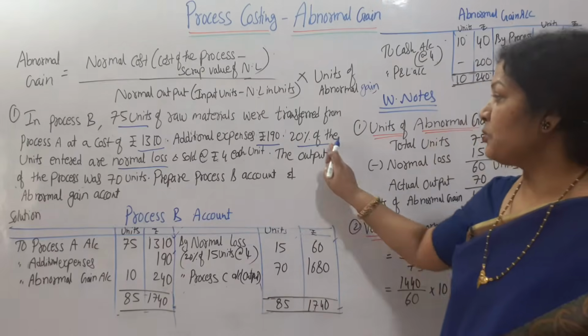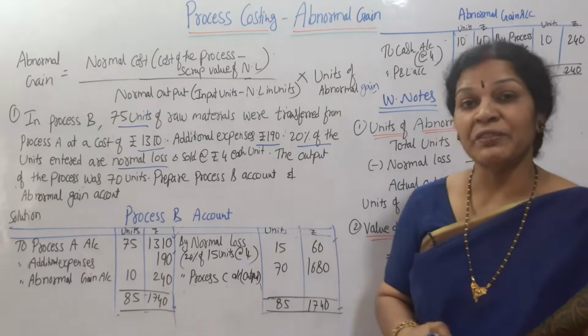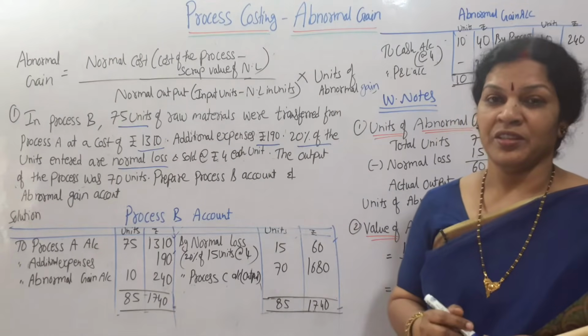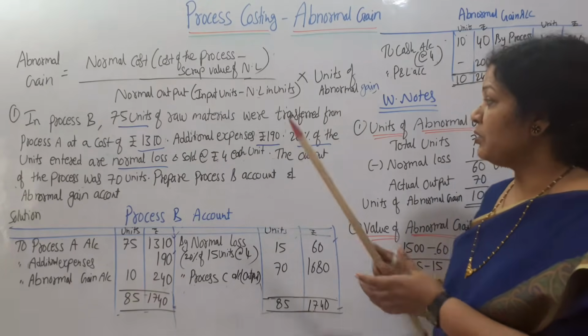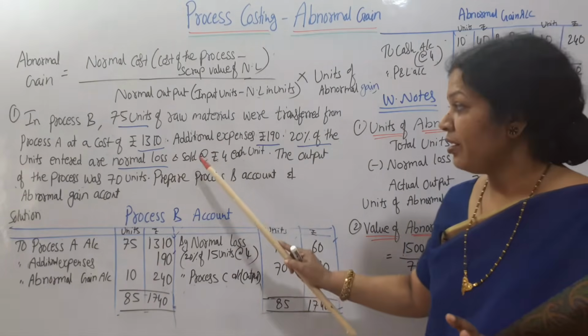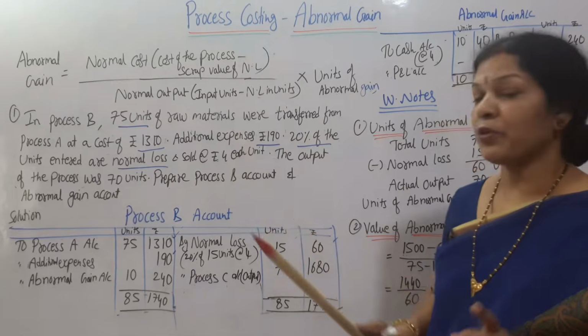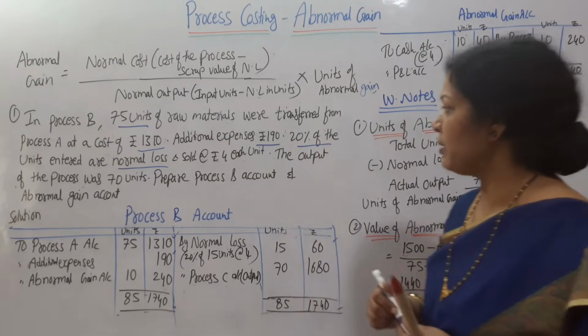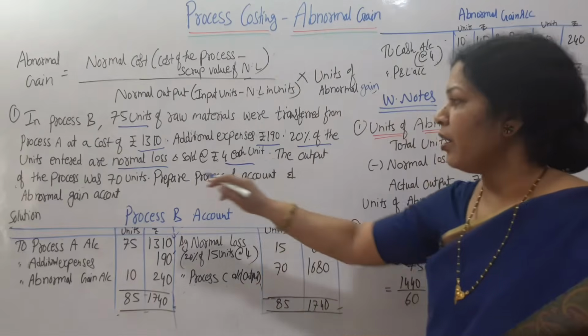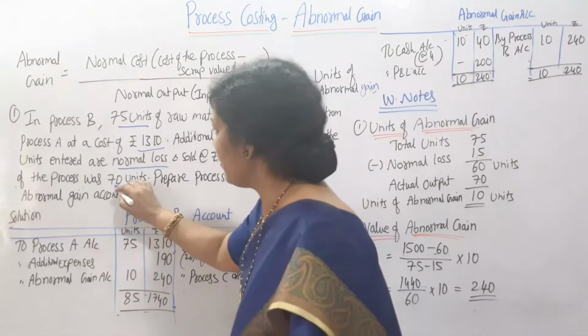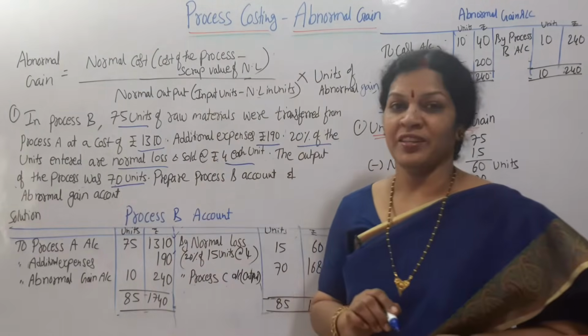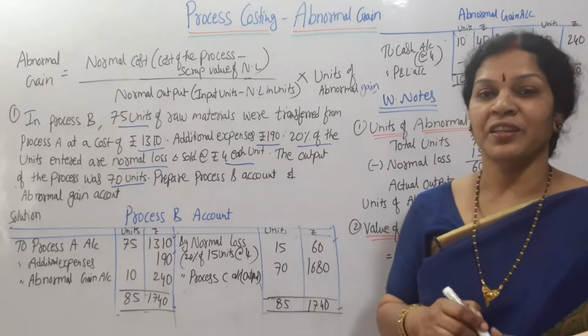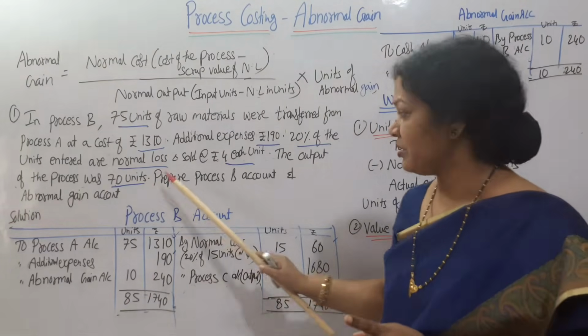Normal loss is how much? 20% on 75 units. Normal loss is sold at the rate of 4 rupees each unit. Scrap value is 4 rupees each unit. Remember this. And the output of the process was 70 units at the end of the year.